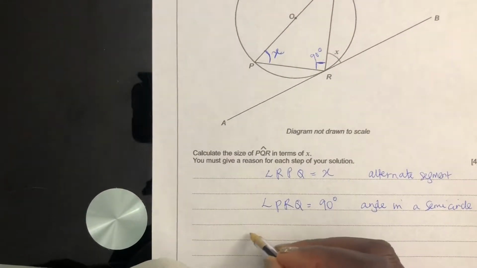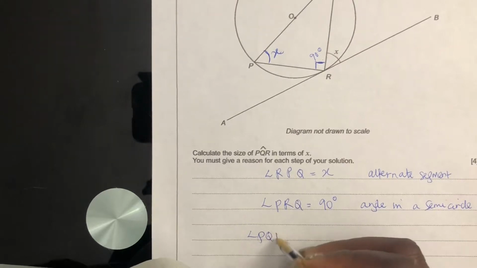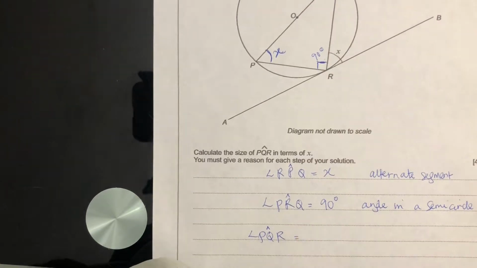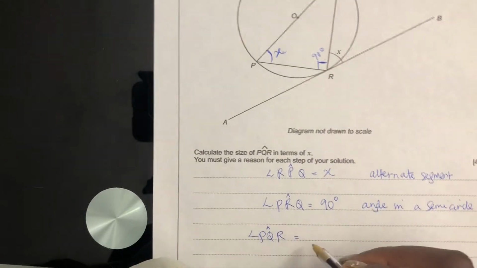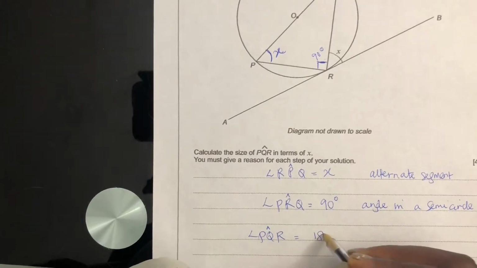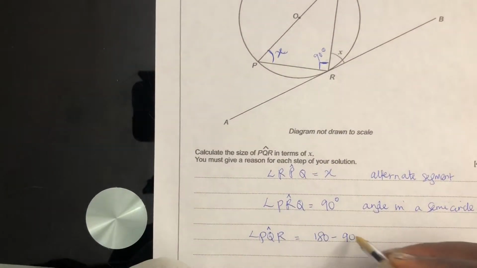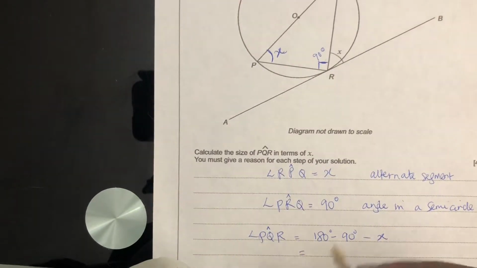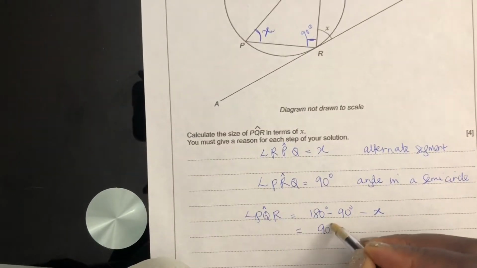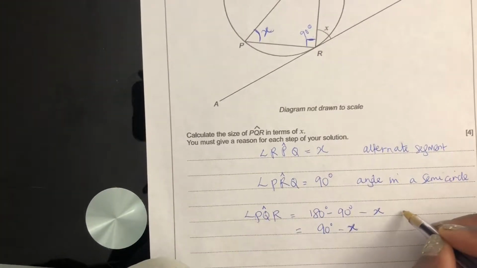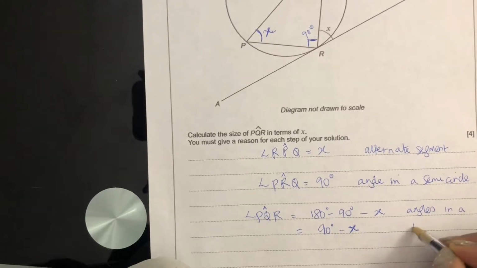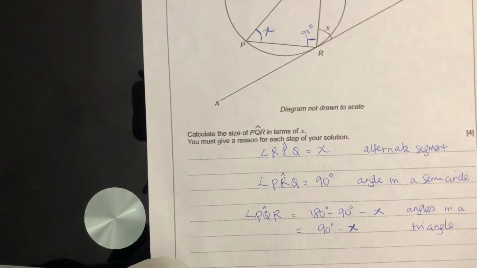So angle PQR, let's put the little carrots on top of it, is equal to, angles in a triangle equals 180 degrees, so that would be 180 minus 90 degrees minus X. This would be equal to 90 minus X, and that would be the final answer. I'm just going to write my reason for this one. Angles in a triangle. Okay? And that's it. That's done.